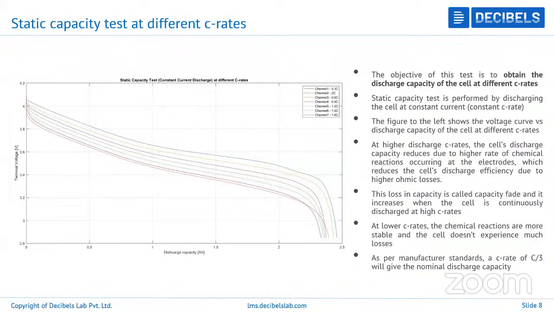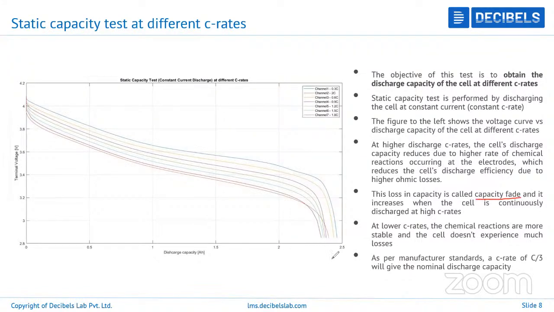The reason is that chemical reactions inside the cell don't have enough time to complete at higher currents, right? And since the reactions don't have enough time to complete, the ions don't get fully absorbed inside the electrodes. Because of that, there is something called capacity fading.